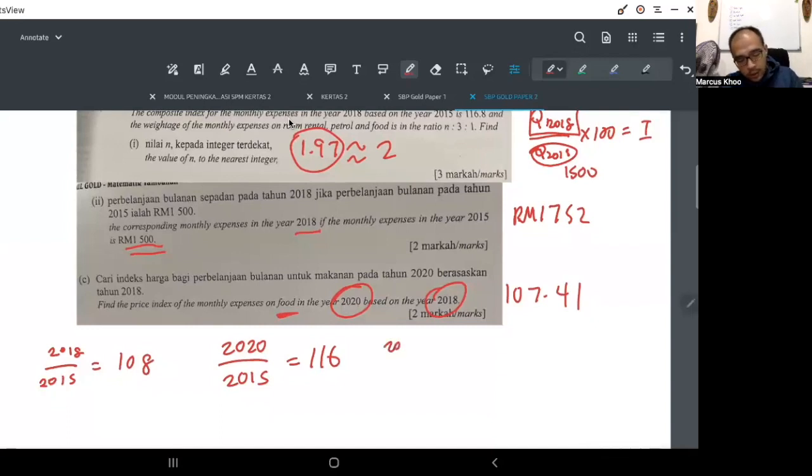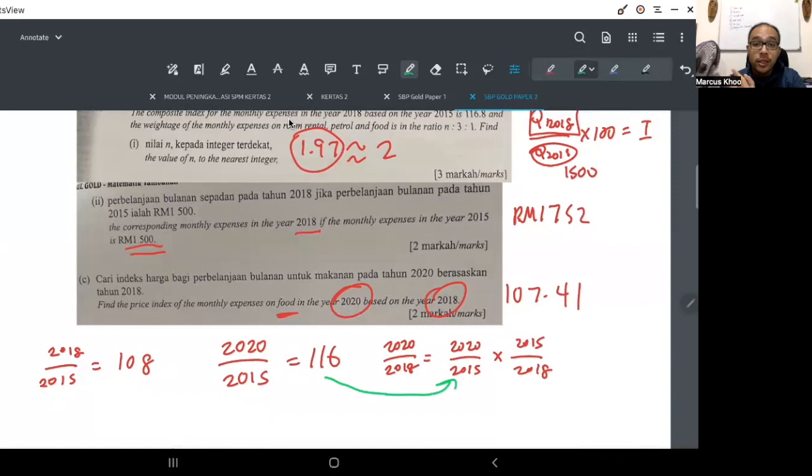So 2020 based on 2018 will equal 2020 over 2015 times 2015 over 2018. We use the chain rule again. So this one you can immediately put inside here, because it's nice and neat. But this one you will have to invert. So it'll be 1 over 108. So this will be 116 times 1 over 108.